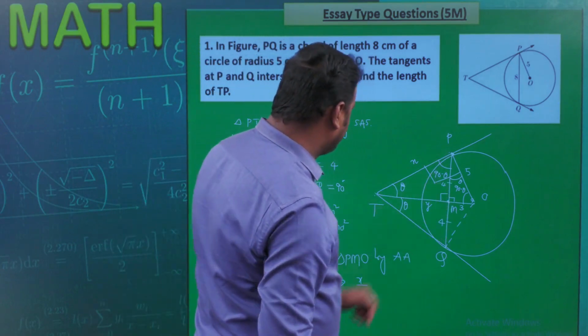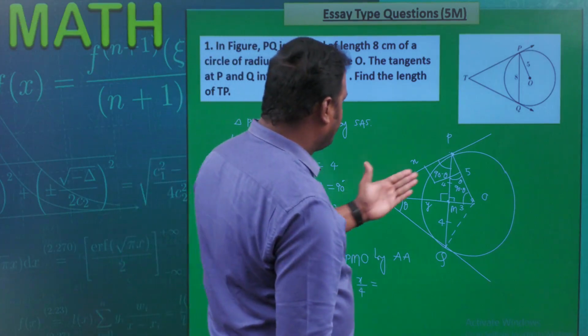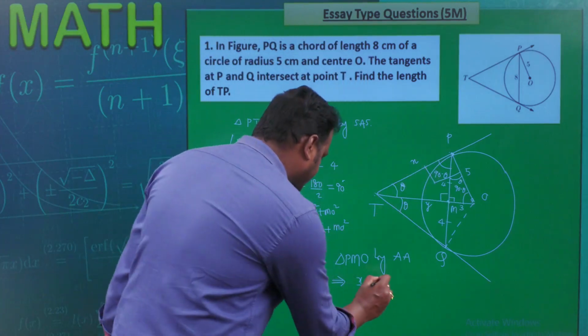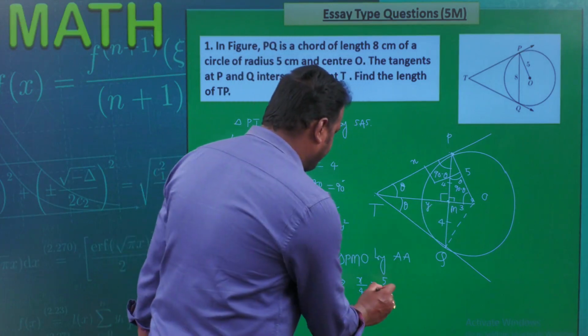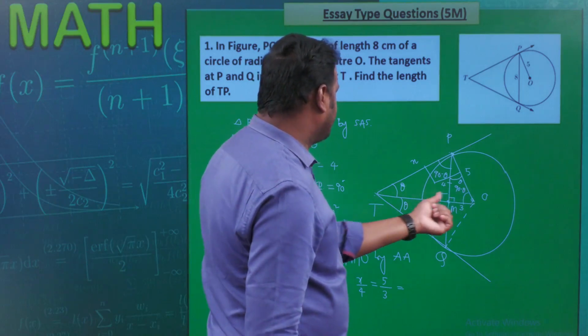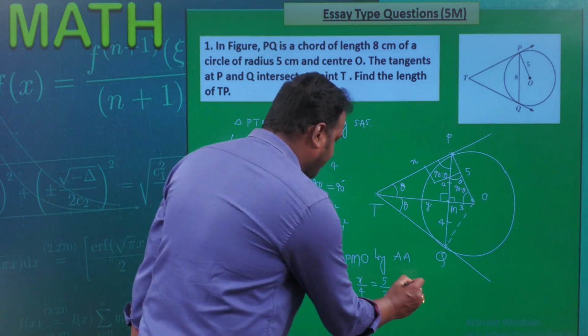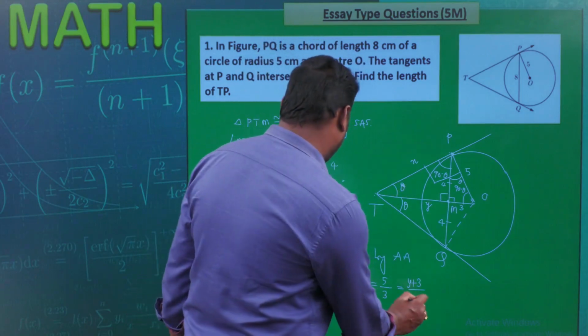PM is equal to 4. So X divided by 4 is equal to PO, PO is equal to 5, divided by MO. MO is equal to 3, is equal to, finally TO, that is Y plus 3, whole divided by PO, which is 5.